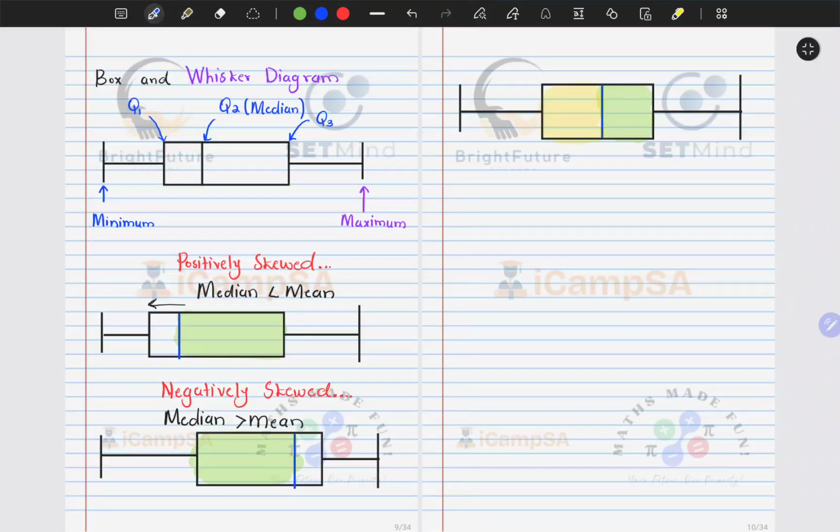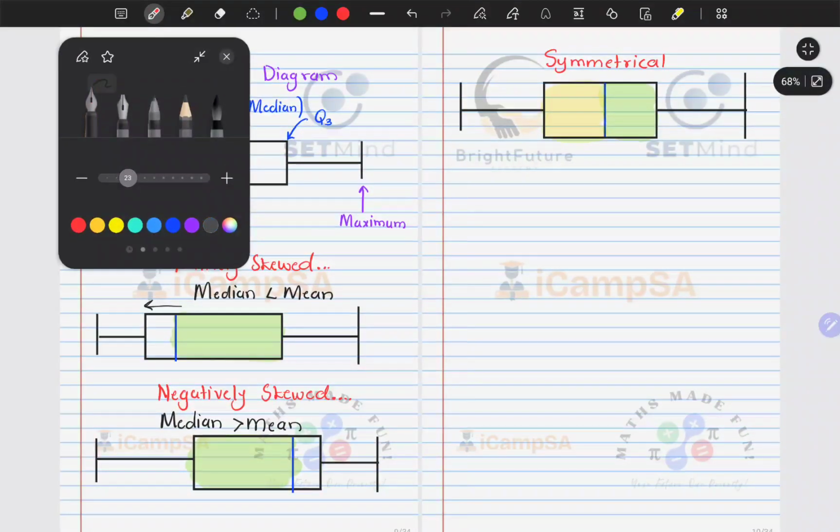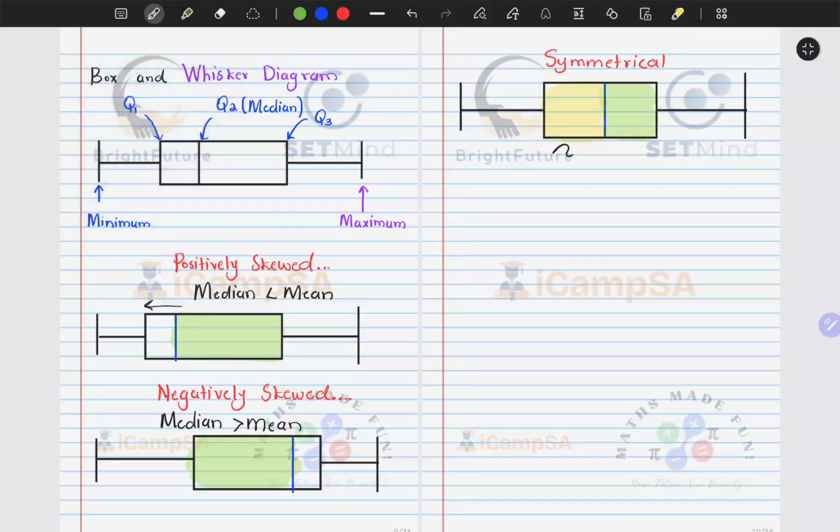So we'll just say it is symmetrical. And when does this happen? This happens when your mean and your median are equal. Okay. So I hope that you guys understand.